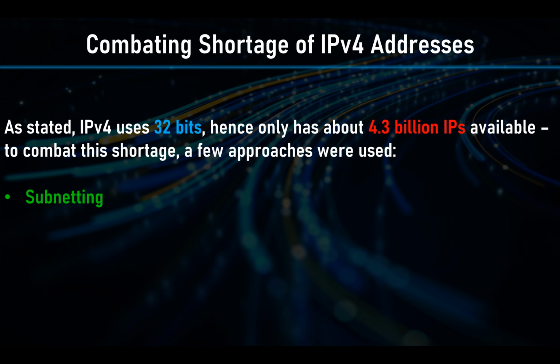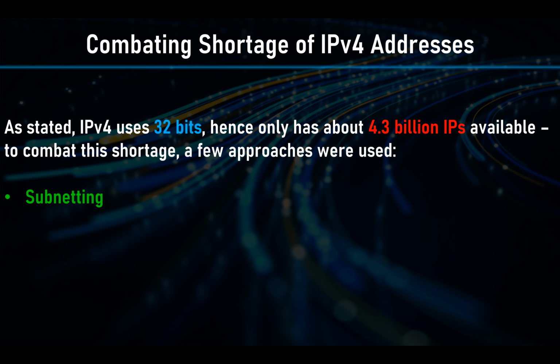So to solve this, a few approaches were used. First is subnetting, and hopefully people remember this because we talked about this in the last video. Previously, they used the class-based IP system, so class A, class B, class C. The problem with that is we couldn't choose where to separate the 32 bits into the network ID and the host ID.